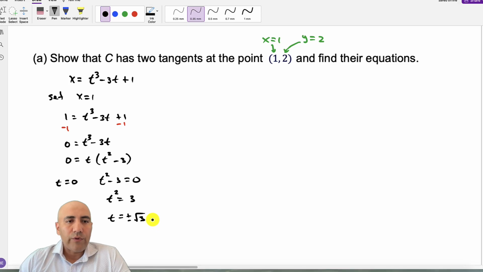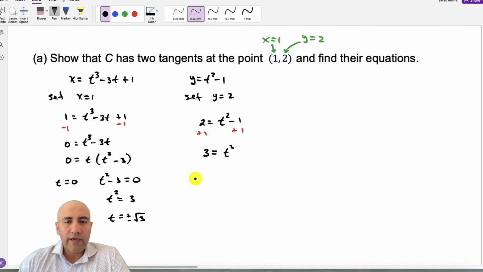Okay. We can do the same thing for y. y = t squared minus 1. So we set y equal to 2, and we should get the same thing. 2 = t squared minus 1, adding 1 to both sides, we end up with 3 = t squared.